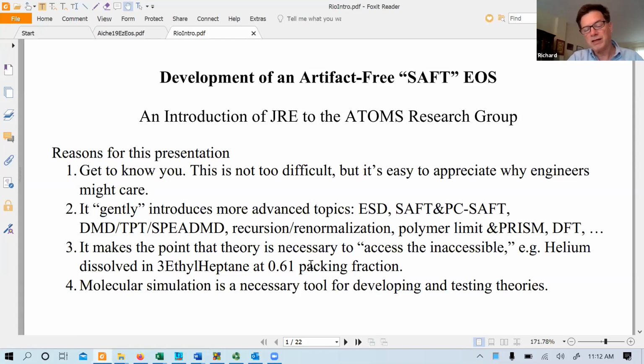So you can't study spherical molecules, which helium is, beyond a packing fraction of really 0.4, because if you're starting to get close to that crystallization point, well, okay, let's say you could go to 0.494. Let's say 0.49. Okay, but that's nowhere near 0.61.